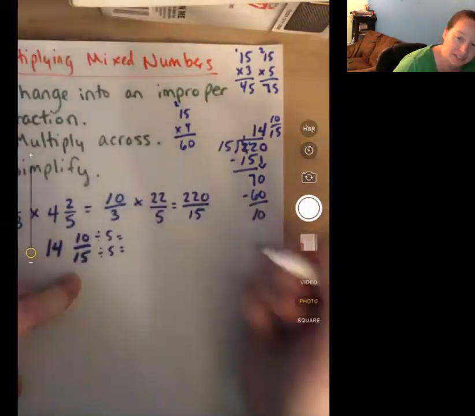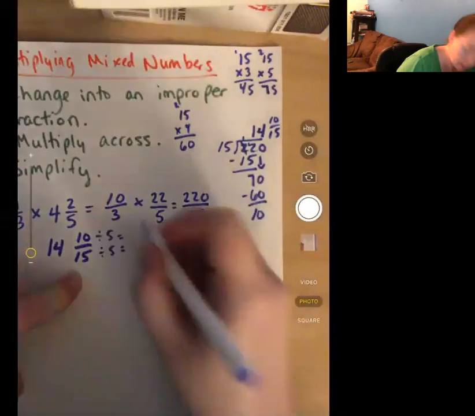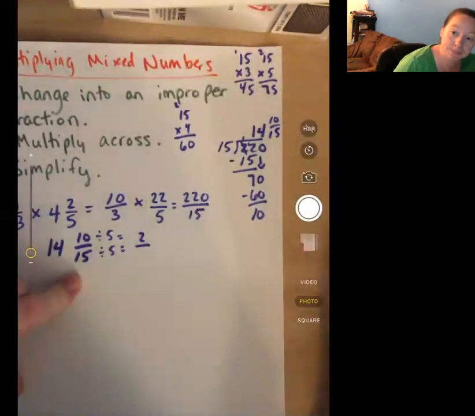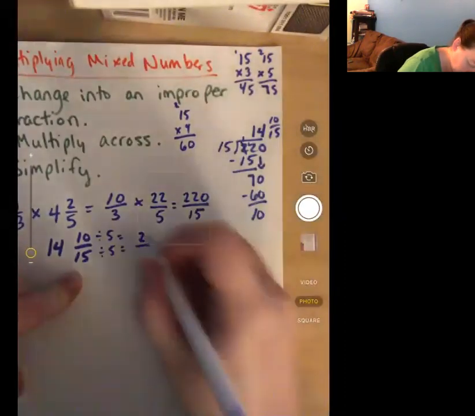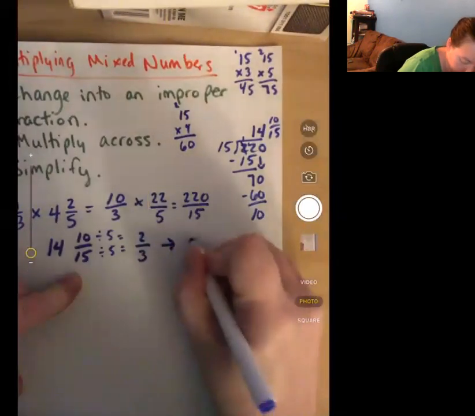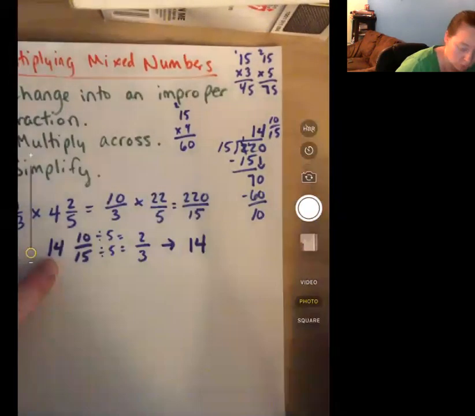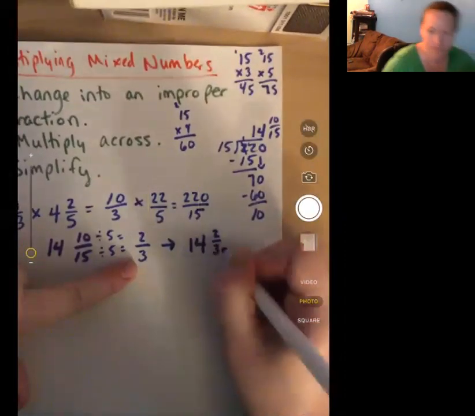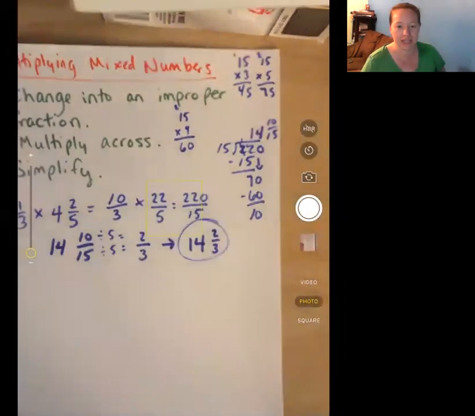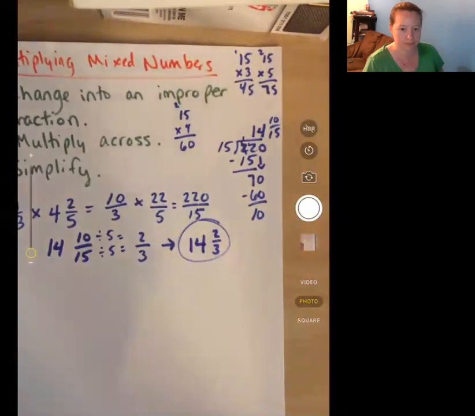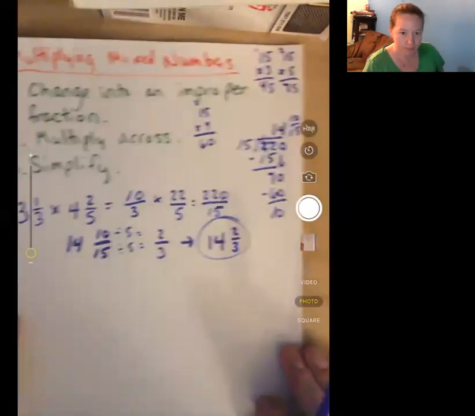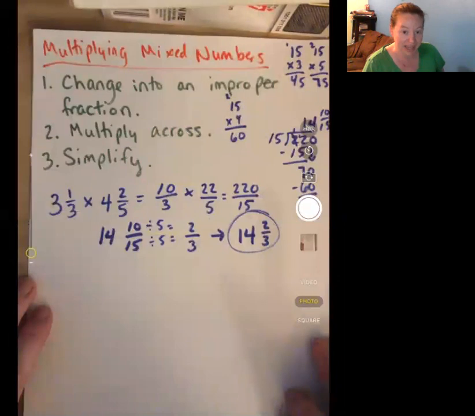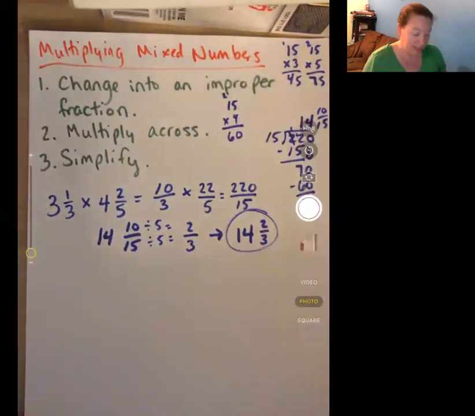10 divided by 5 is 2. 15 divided by 5 is 3. So altogether, it's 14, which is the whole number, and 2/3 for the fraction. So it is 14 and 2/3. And that is how you multiply mixed numbers.